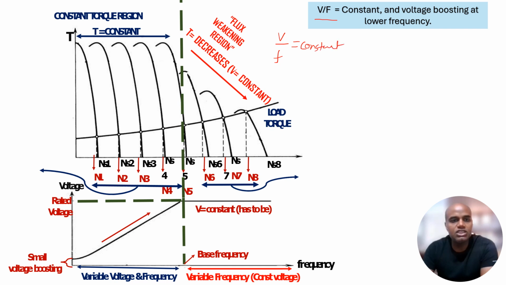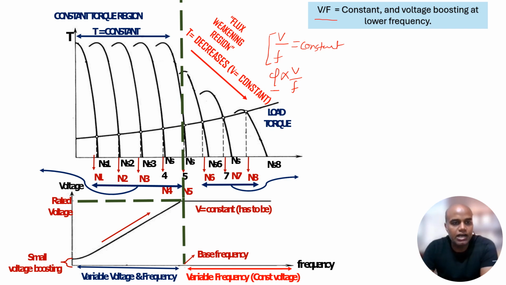Because as we have seen previously, my flux is proportional to V by F. So if this ratio remains constant, my flux will remain constant. So this will not drop the torque created by my motor. Therefore, if I'm increasing the frequency, I have to increase my voltage in the same ratio, so that the V by F ratio remains constant.